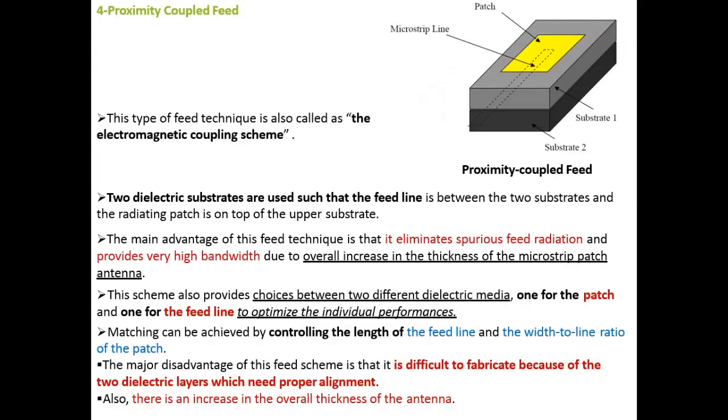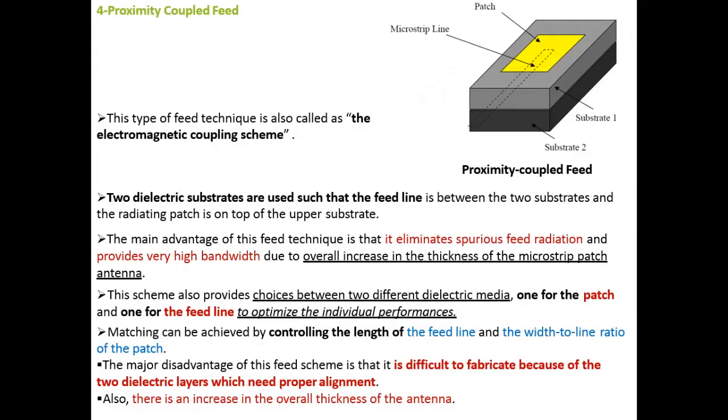Next, proximity coupled feed. This type of feed technique is also called the electromagnetic coupling scheme. Two dielectric substrates are used such that the feed line is between the two substrates and the radiating patch is on top of the upper substrate.